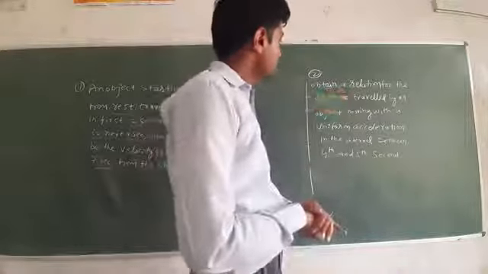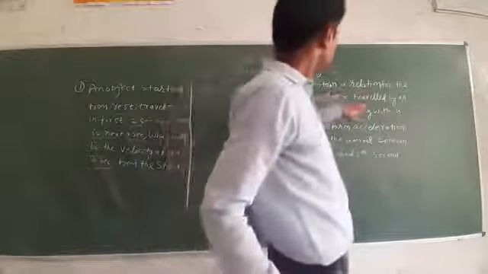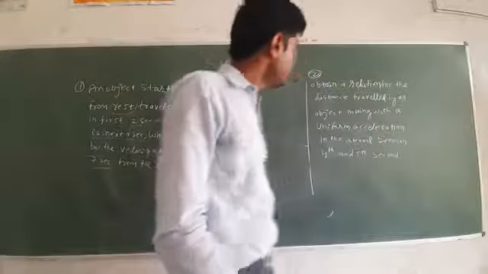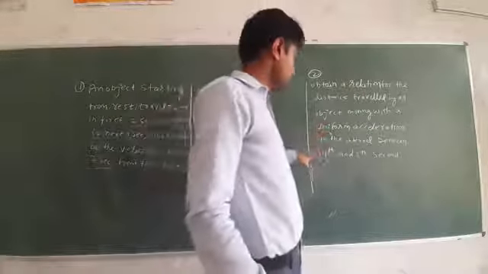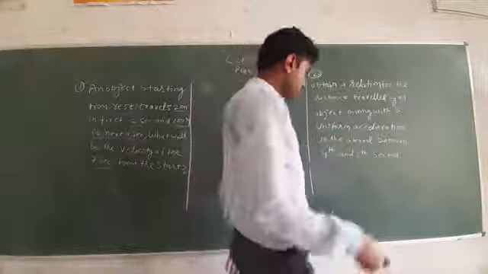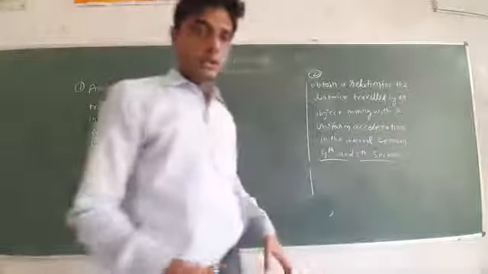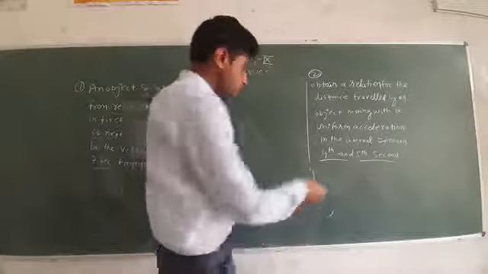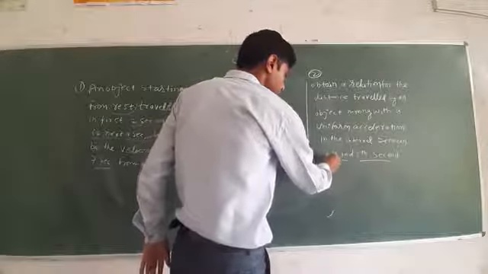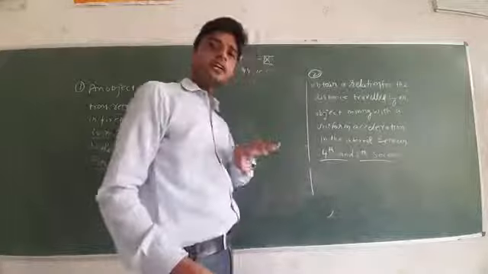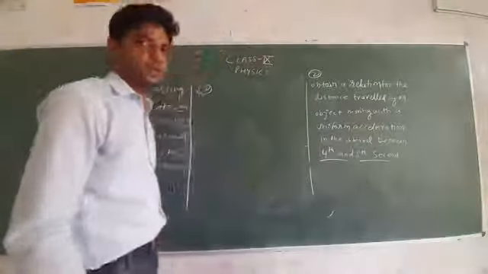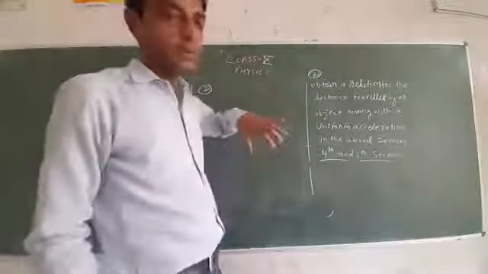Obtain a relation for the distance traveled by an object moving with uniform acceleration in the interval between 4 seconds and 5 seconds. As you know, the distance traveled in the nth second I explained in my previous video. So you can see the formula.